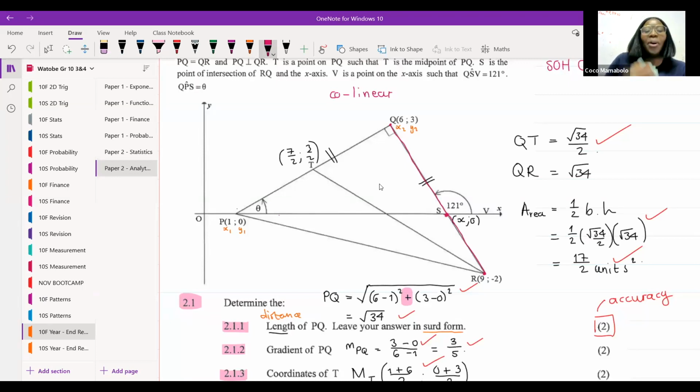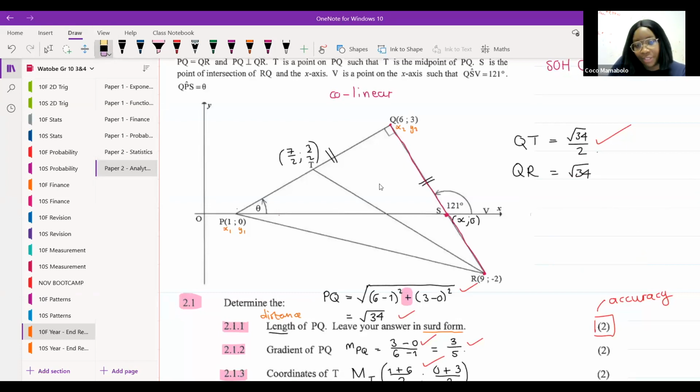All right. So what co-linear means, Faith, is that if I find the equation of this line, then the equation of the line is going to be the same for all 3 of these points, for Q and for S and for R. But at the moment, we don't have the equation for the line where S is.